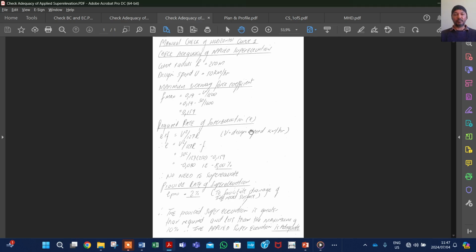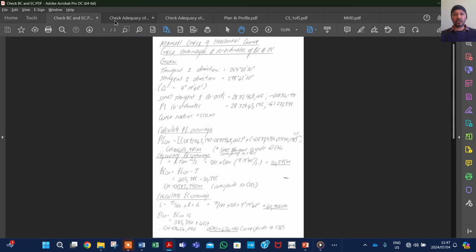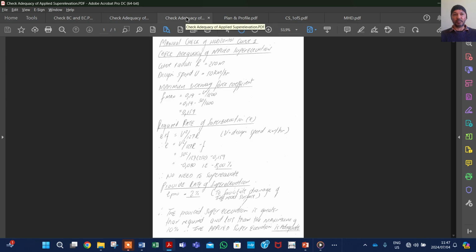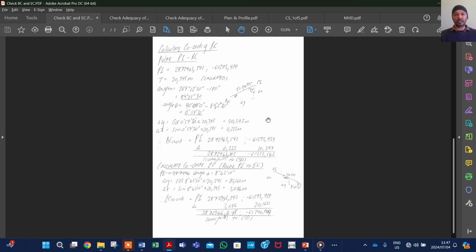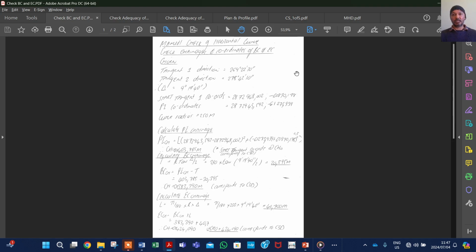Next, I did manual checks on the curves. I checked the adequacy of them with regard to the super elevation and the minimum radii, as well as the coordinates of the beginning and end of the curves.